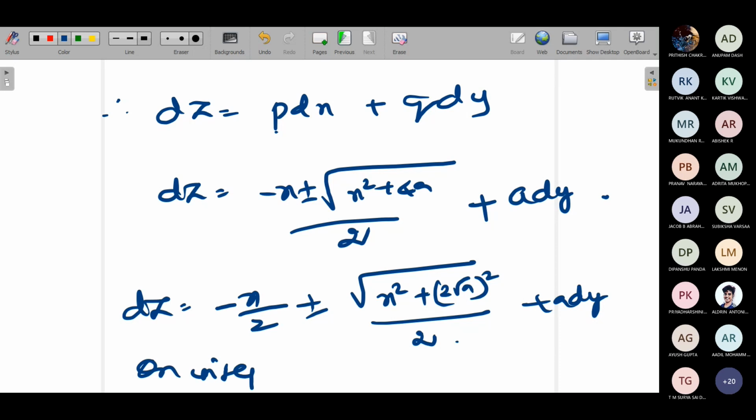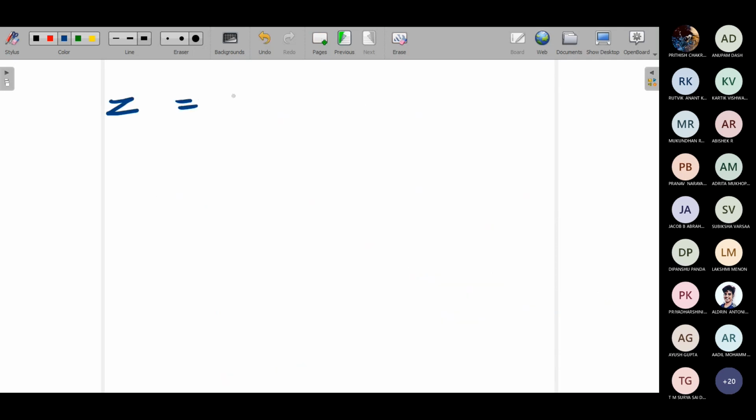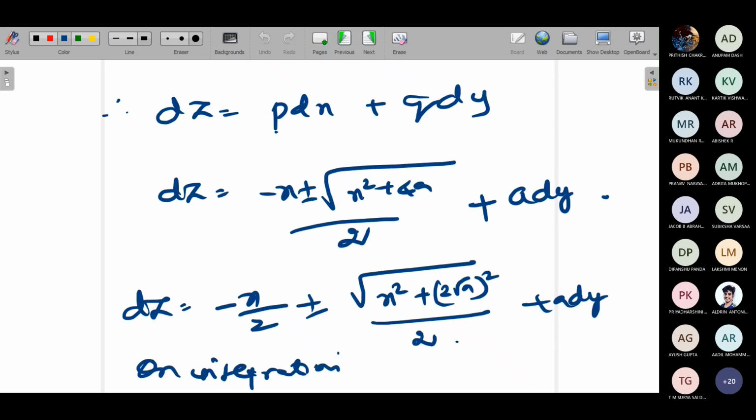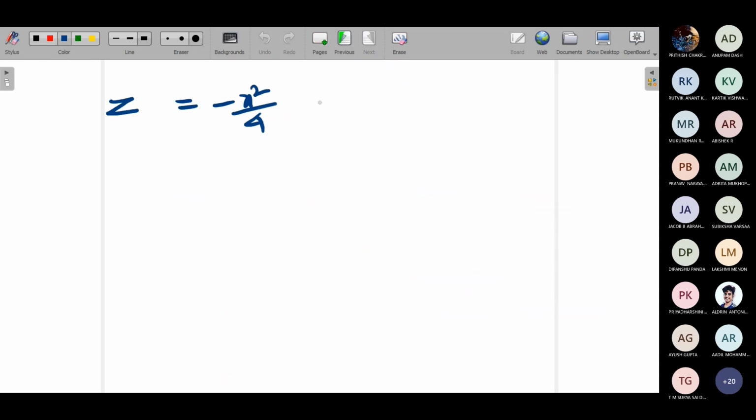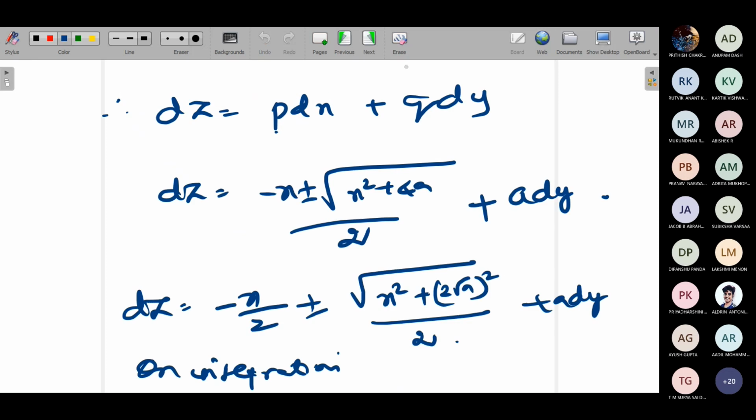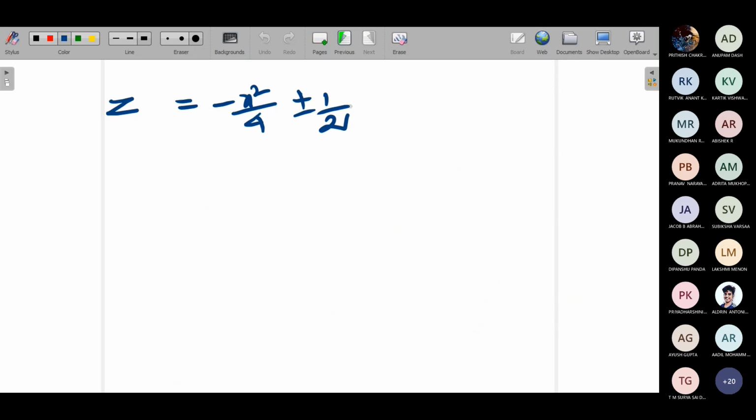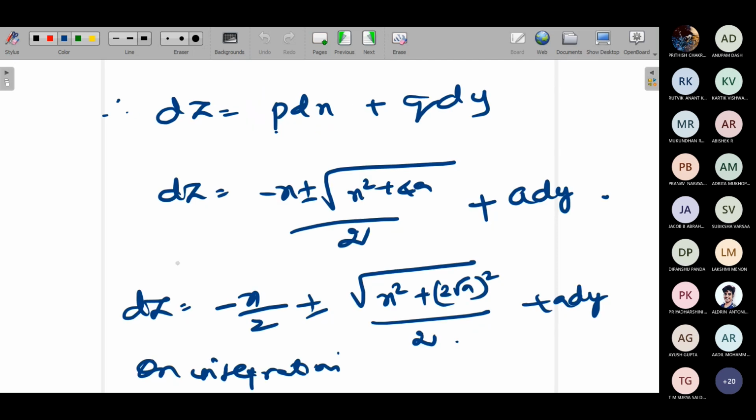So 2 root a the whole square by 2, plus a dy. Now you integrate it. On integration, you'll get z equal to minus x square by 4. Now you have plus or minus the square root of x square plus a square, with 1 by 2 taken commonly outside. What is the integration of root of x square plus a square with respect to x?